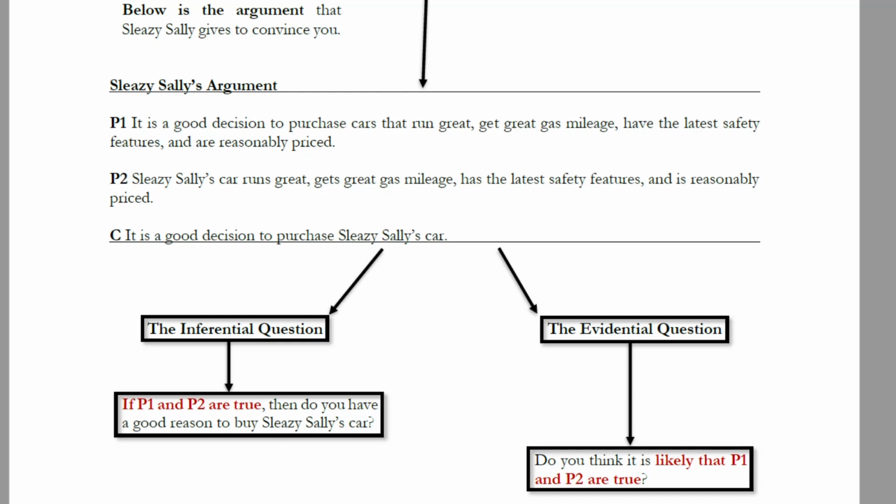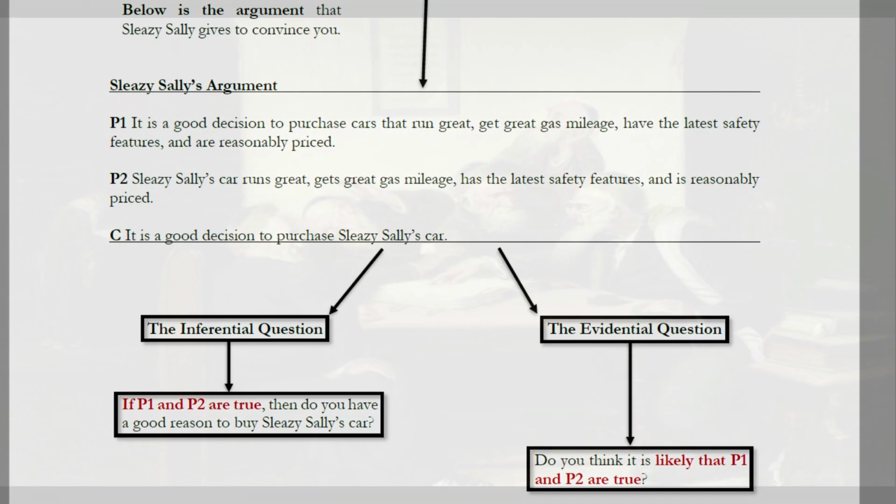And in fact, this is precisely the situation that we see with the current example. The inference that Sleazy Sally makes is good, but it is very hard to believe that all the premises of her argument are in fact true. As such, Sleazy Sally's argument is a perfect example of the difference between asking the inferential question and asking the evidential question.